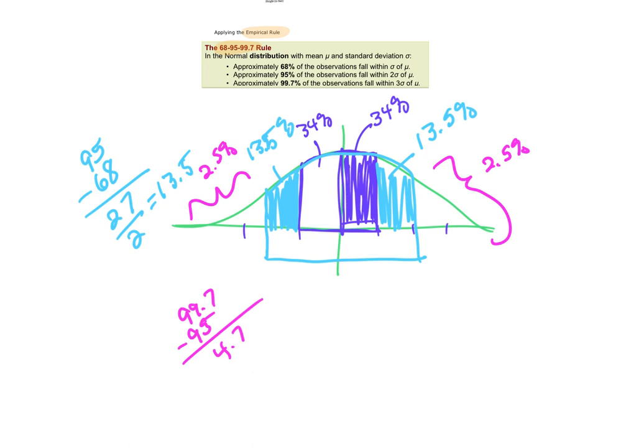And then if we divide this by 2, yes, good. We get that this part of the slice is 2.35%, and this part of the slice is 0.15%. Okay, so besides the 68, 95, 99.7, you need to get these slices memorized, and they are 34, 13.5, 2.35, and 0.15. Okay?